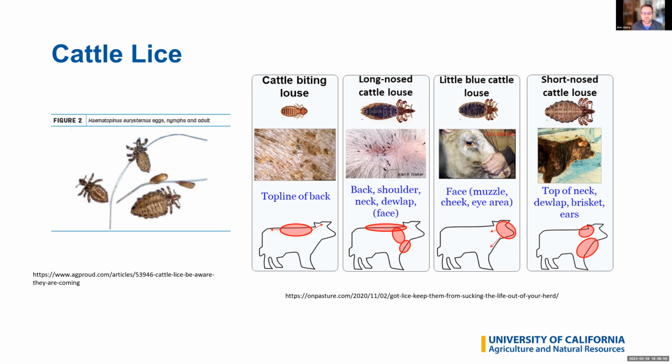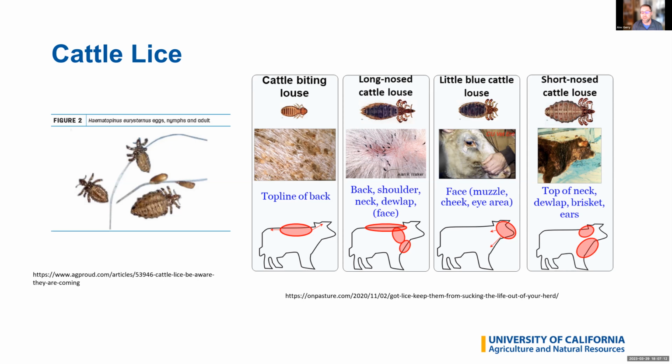You can see this really clearly on the tail. So the lice lay their eggs on the hair. Those eggs hatch. They develop through their immature or larval stages to eventually become adult lice. They mate, lay eggs, and start the process over, again never leaving the animal they're on because they're permanent ectoparasites.